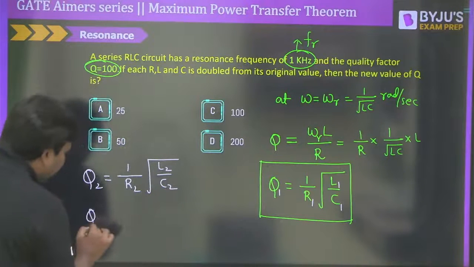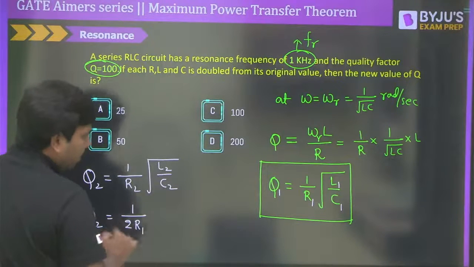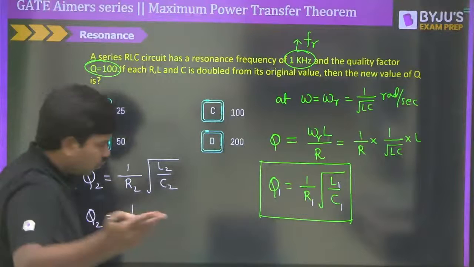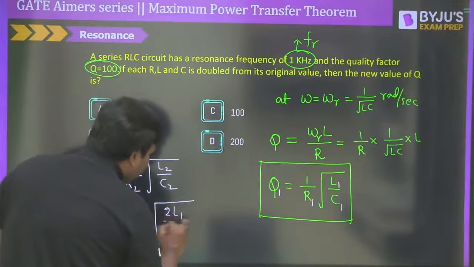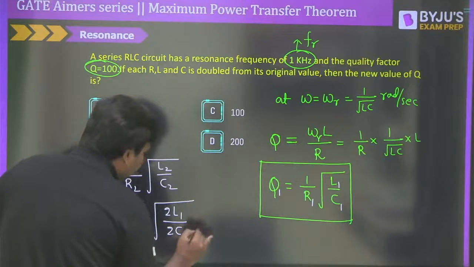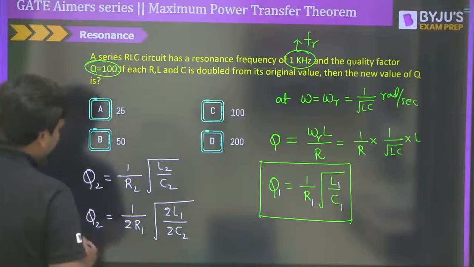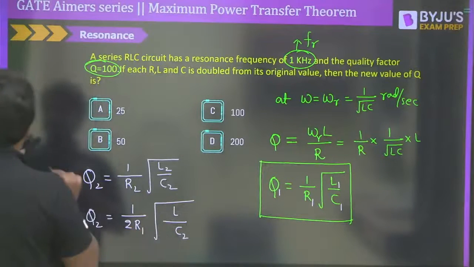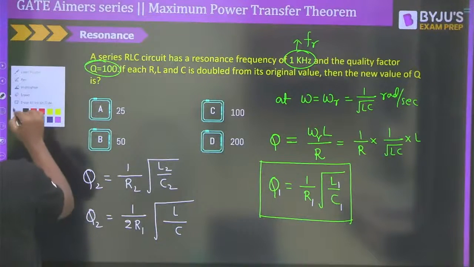It is equal to 1 divided by 2 times R1, because R2 is equal to 2 times R1 as the resistance is twice. And similarly here we get 2 times L1 divided by 2 times C1. Then anyway this is cancelled, so it doesn't matter really. So the 2 will get cancelled.